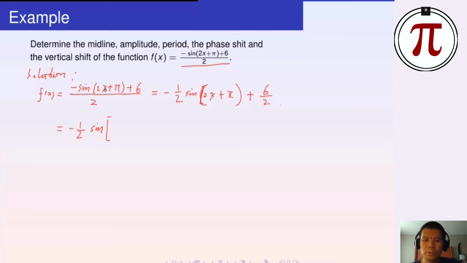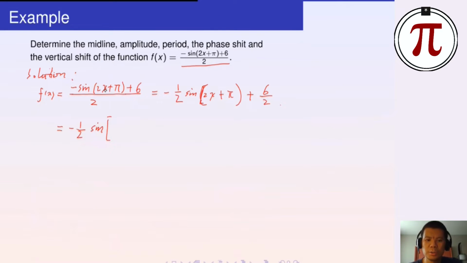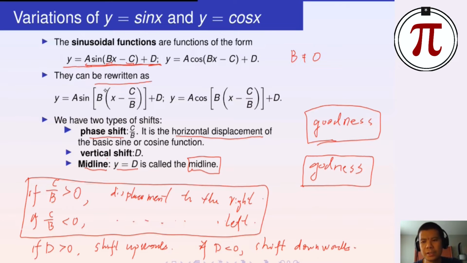What we want is the form a sine(bx minus c). 2x is good, but here it's plus pi, which is the same as minus negative pi. And 6 over 2 is 3. So now we have exactly the form of the sinusoidal function: a sine(bx minus c) plus d.